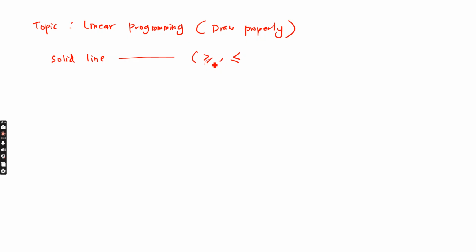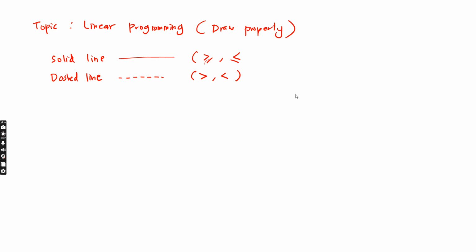Another one that you need to know is the dash line. So how can we draw the dash line? This. So this is a dash line. You use the dash line when you have the sign greater than or less than.